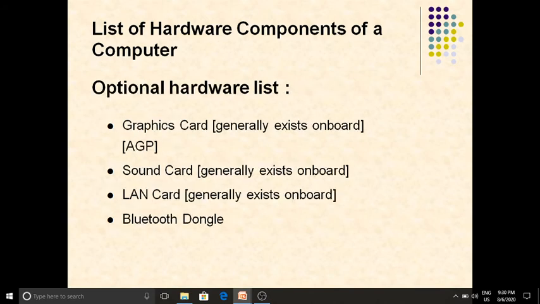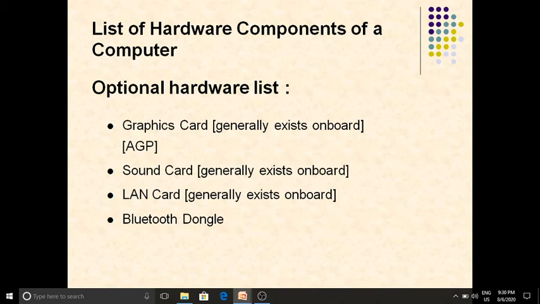Next, there are some hardware components which are optional, not compulsory. These are the graphics card, which generally exists on board as AGP, the sound card, which generally exists on board, the LAN card, which generally exists on board, and the Bluetooth dongle.